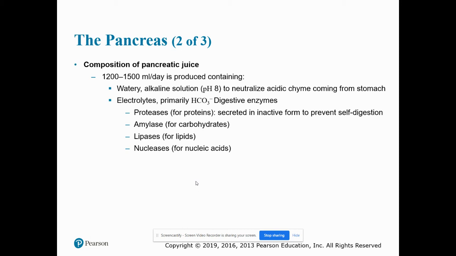It also contains electrolytes, primarily bicarbonate, and digestive enzymes such as the proteases, amylase, lipase, and nuclease. Proteases are going to be for proteins, amylase would be for carbohydrates, lipases are for lipids, and nucleases are for nucleic acids.